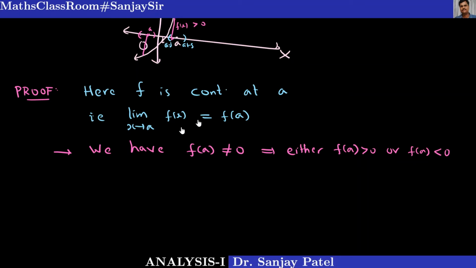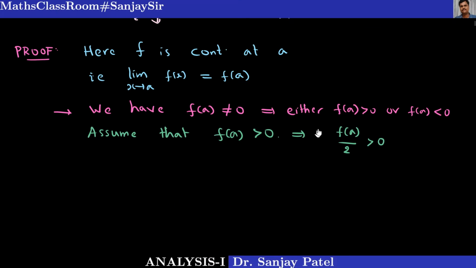Let us assume without loss of generality that f of a is a positive real number. So f of a by 2 is also positive. Let me take this number, which is also positive.